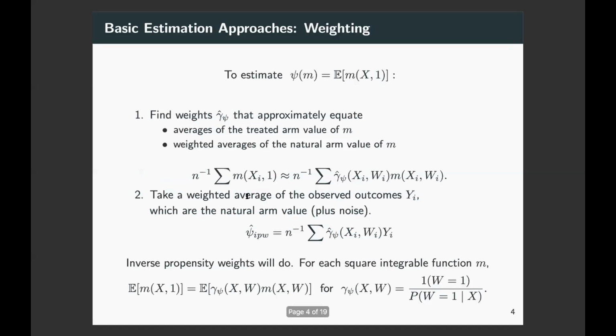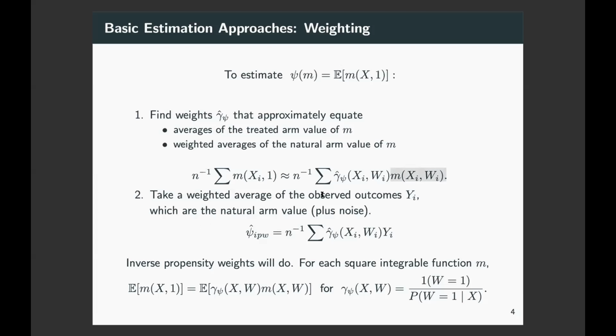Another approach, which is common but a little less obvious, is weighting. We can find weights that will approximately equate averages of the treated arm value of m with weighted averages of the natural arm value. That is, they solve this condition. Because we observe this quantity through Y, that solves our problem.